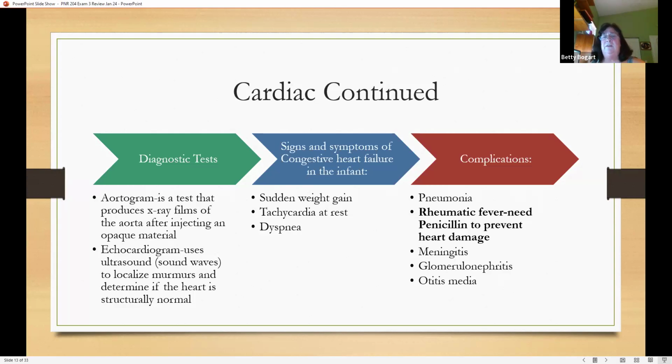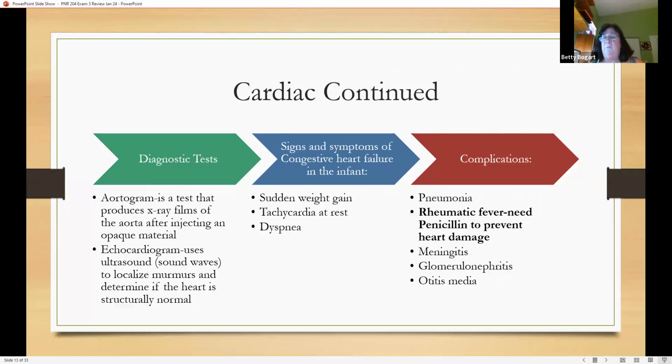There we are, congestive heart failure again. What would you see? And then complications that can occur. Well, if you have all this fluid, because your heart's not working, blood is pooling in the lungs, you're going to have pneumonia. Rheumatic fever. This is due to strep infection, right? So we have to be worried about giving penicillin.